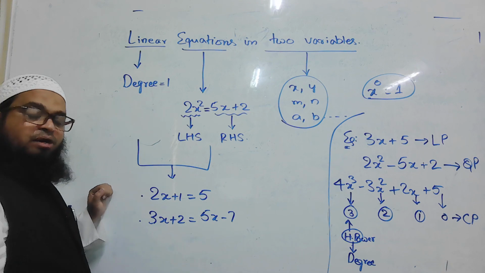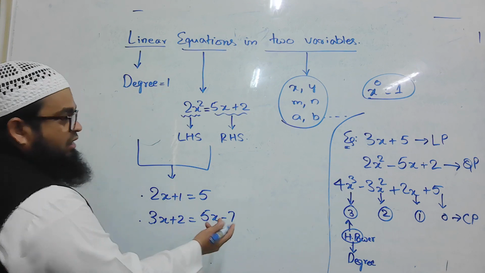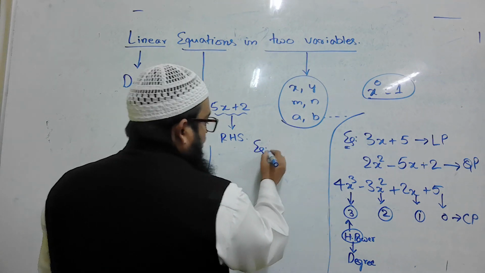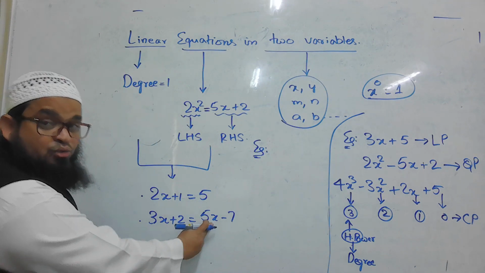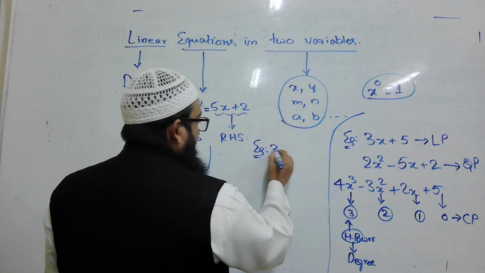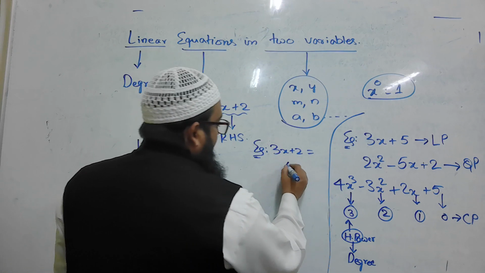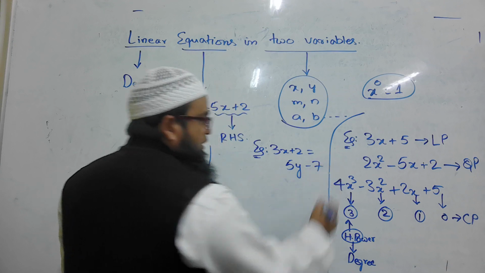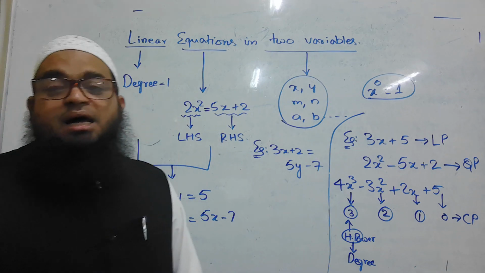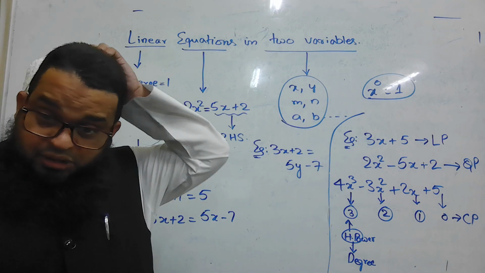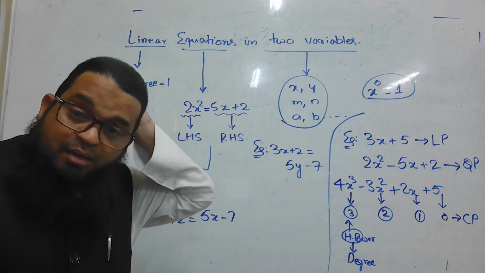Now how will it be two variables? Instead of the second x you put y. So it can be 3x plus 2 is equal to 5y minus 7. This is a linear equation in two variables.